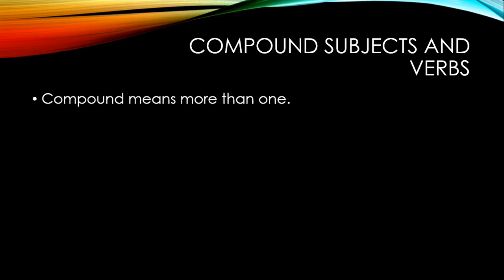And basically compound means more than one. So in this example, we find our verb went and we ask ourselves who or what went, and we can see that there are two people that went shopping, Julia and her mom. We don't need and her because those are just extra words in there, but Julia and mom are the two nouns. Those other words aren't nouns.